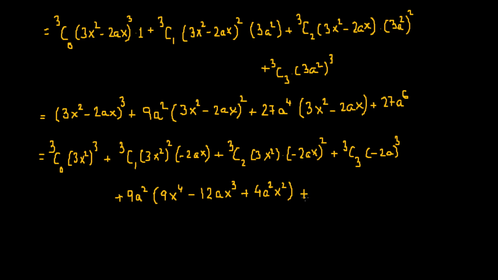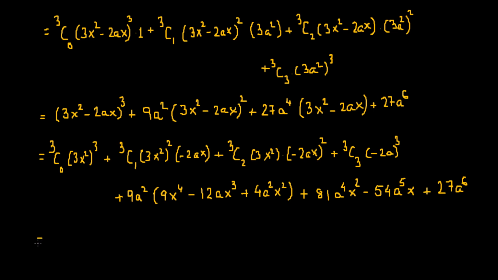Now we're going to distribute 27a raised to the power 4, so this would give us 81a^4 x squared minus 54a^5 x plus 27a to the power of 6.